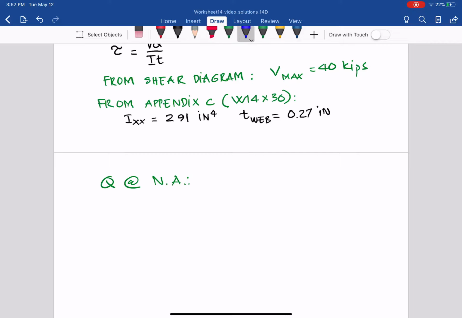We have half of the cross section of the wide flange, and it's symmetrical, as you can see there. It is cut at the neutral axis, so we only focus on that half. Here is the neutral axis.